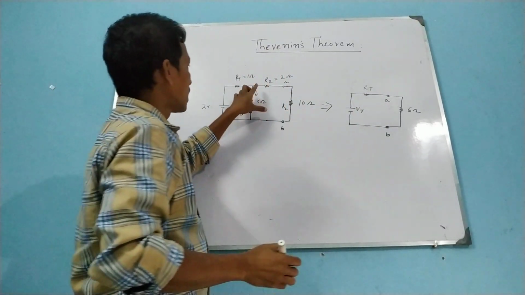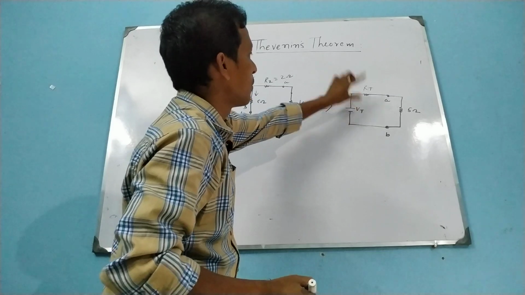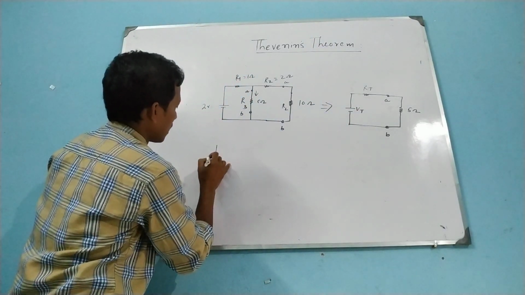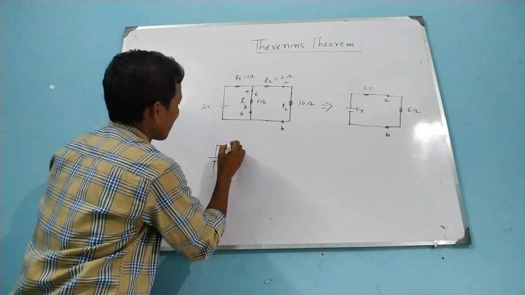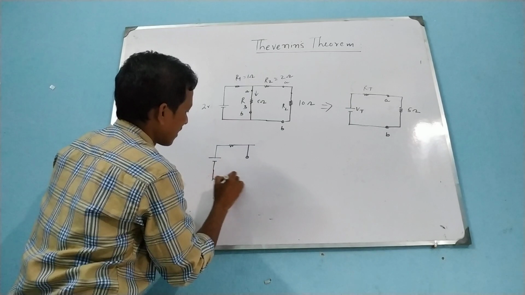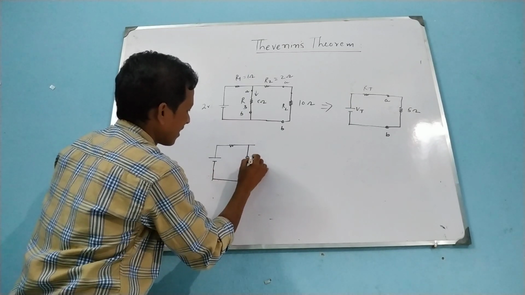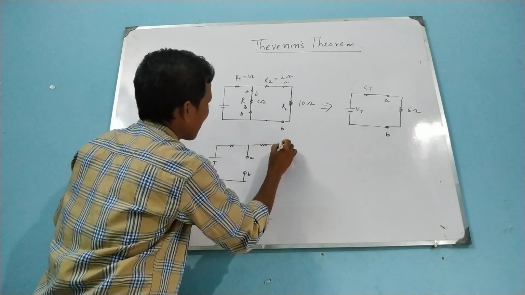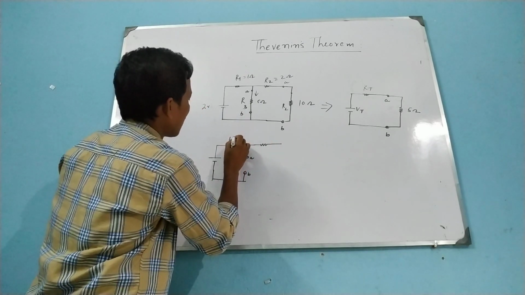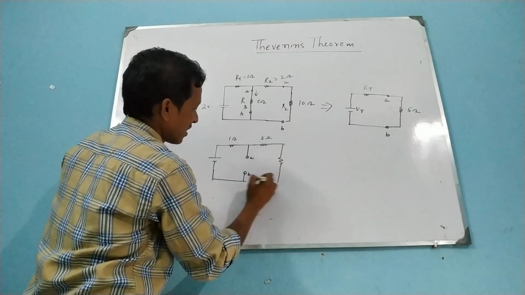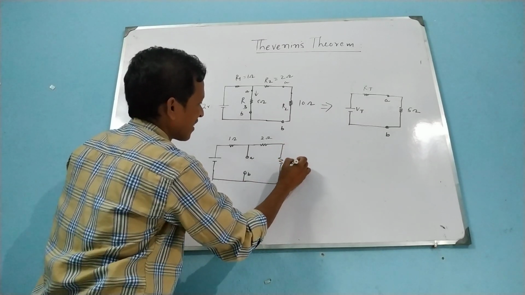So according to the circuit, what will be the value of the VT? Let's draw the circuit. This is 1 ohm, this is 2 ohm, and this is 10 ohm.